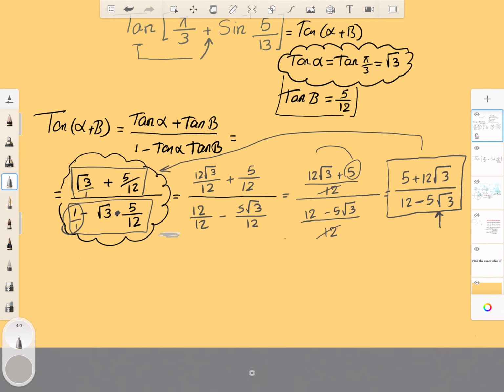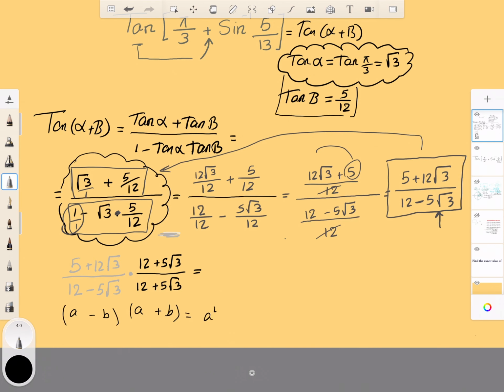Okay, we have 5 plus 12 root 3 divided by 12 minus 5 root 3. I'm going to multiply this by 12 plus 5 root 3, over 12 plus 5 root 3. So this is a minus b. You multiply by a plus b. That's a conjugate.